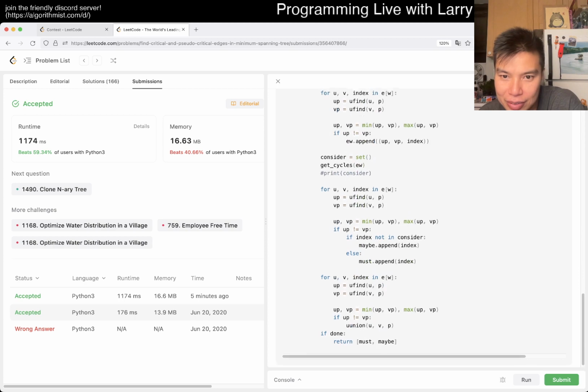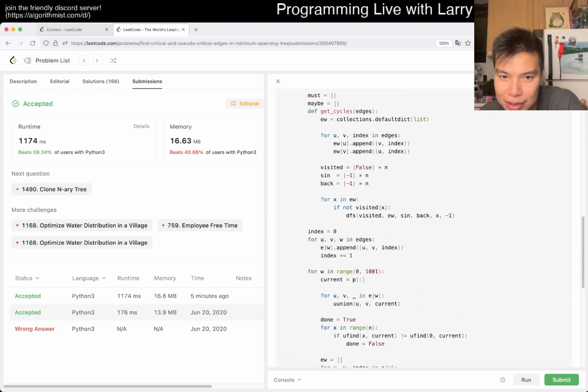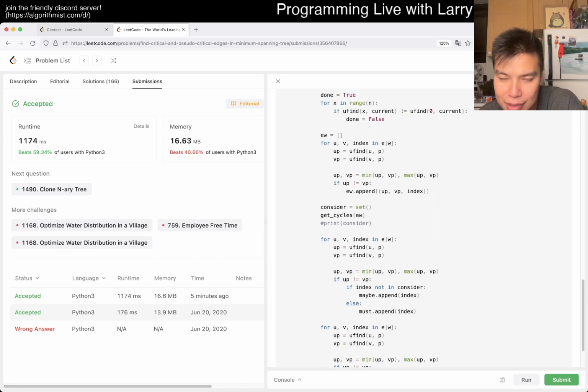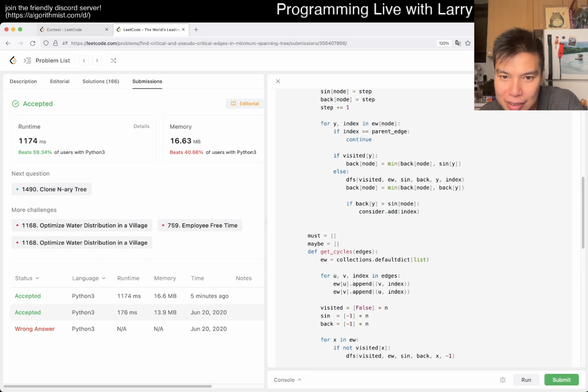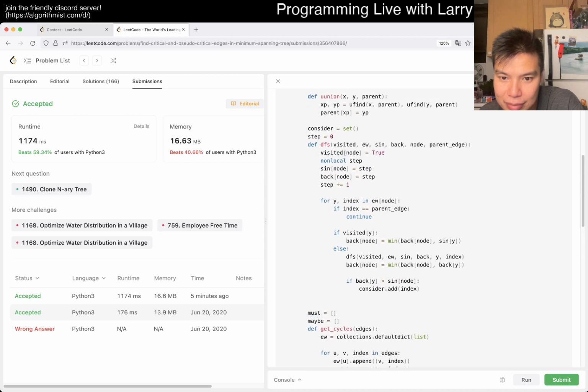Which determines all these things. Do the cycle things matter? I don't even know what I do here. I guess I do. Let's see. Get cycles. Oh, I see.